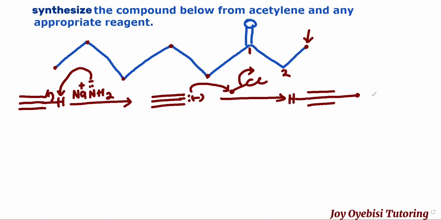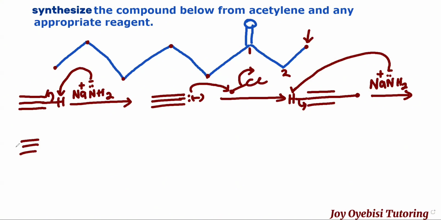So again, I need the sodium NH2. The sodium is positive, this is negative. So that's going to pick up the hydrogen again, and this bond breaks in. From there, we're going to have a negative charge on this side of the carbon, and this was still intact.